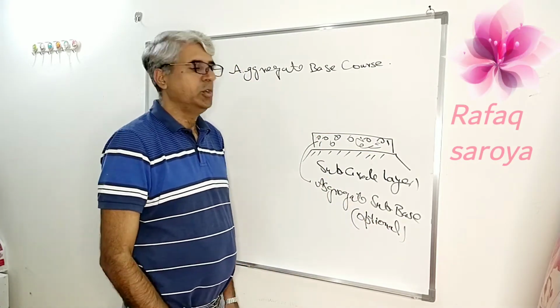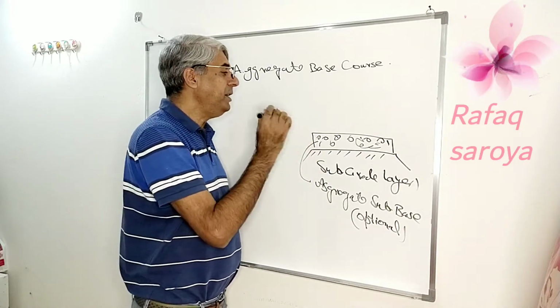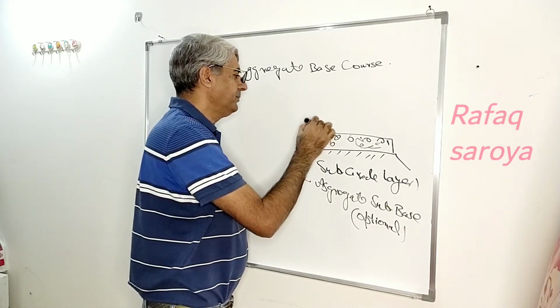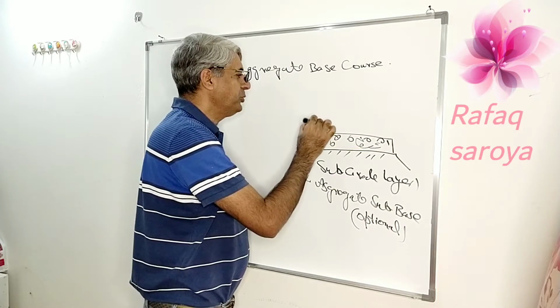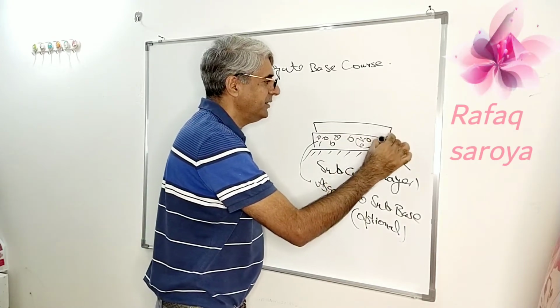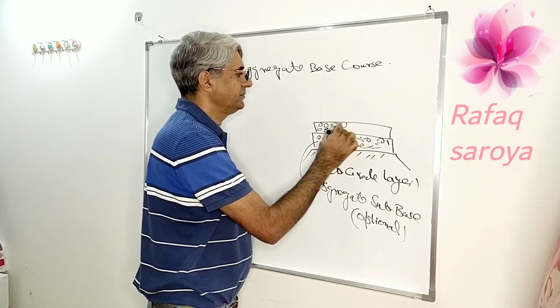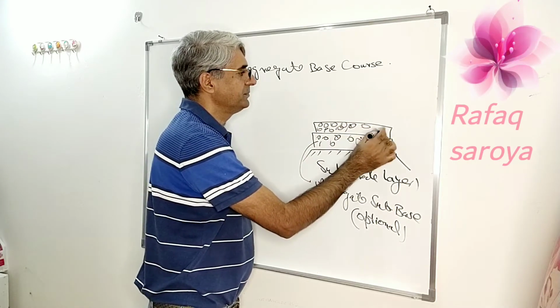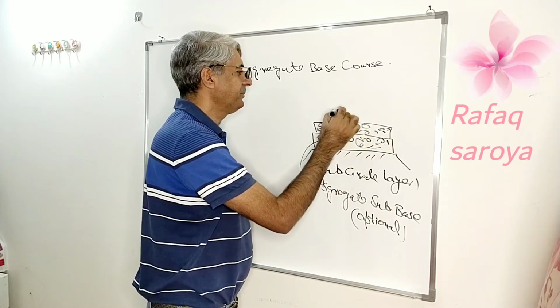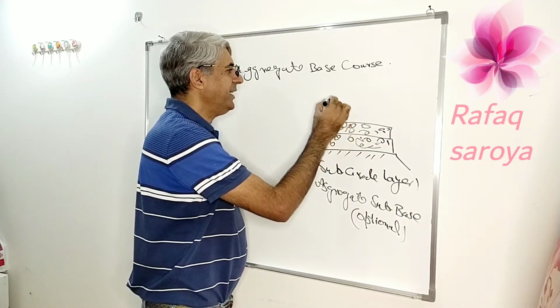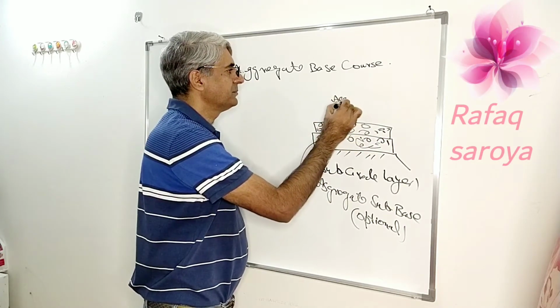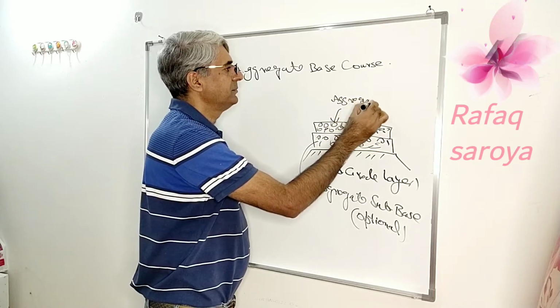Clear? Over this layer, the very important layer which we have to study today, it is this one. And this layer is aggregate base course.